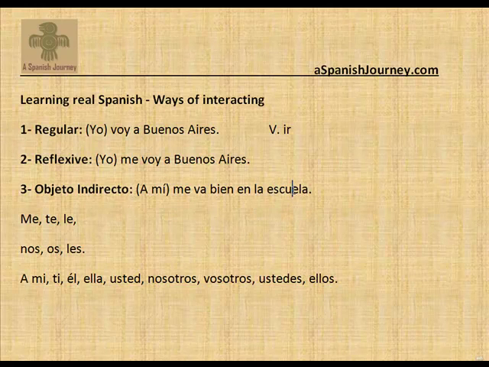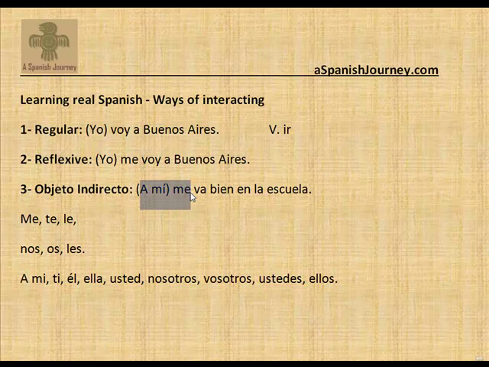And this is something really important that we have to take into account, because before, in the regular way and also in the reflexive way, the subject would come first and then the object at the end, right? But here, with the indirect object pronoun, the object comes first.